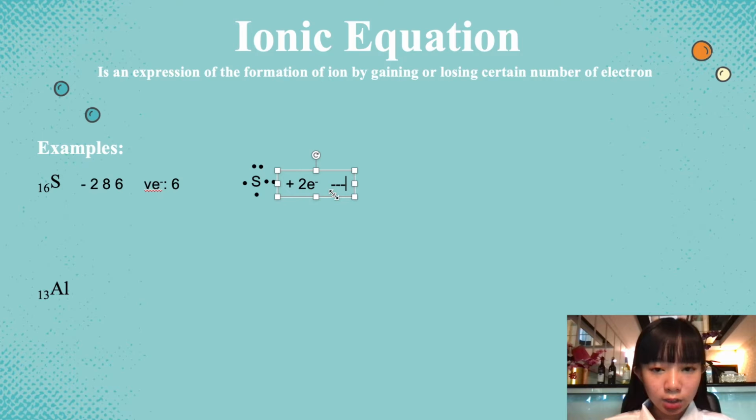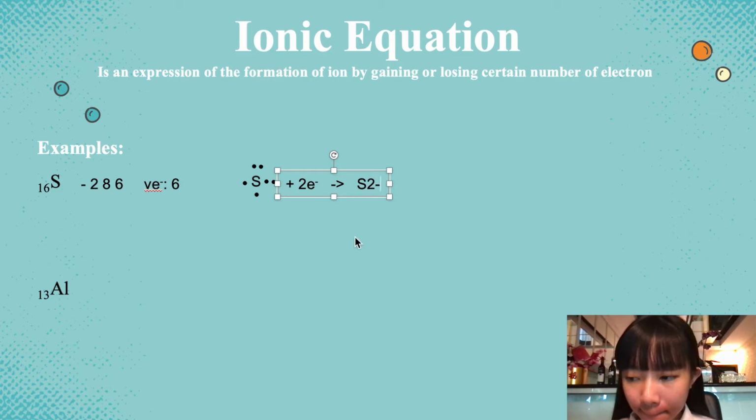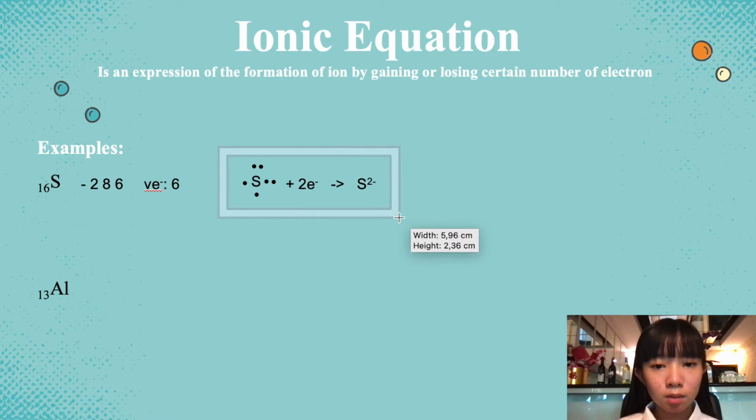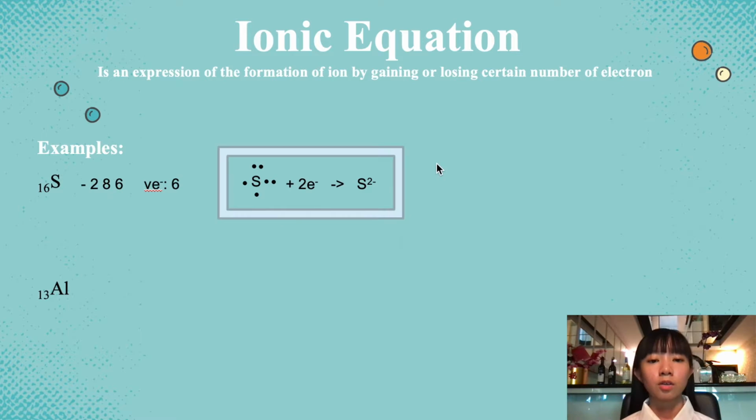And we will draw an arrow. And we will write down the ionic equation. S plus 2 electrons become S 2-. So this is now the ionic equation of the formation of sulfide ion by following the octet rule.